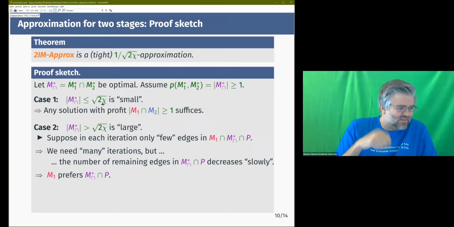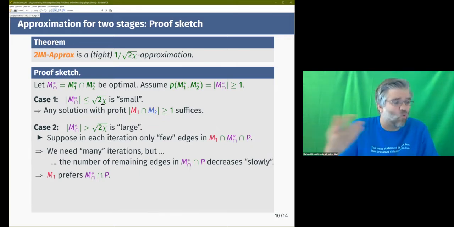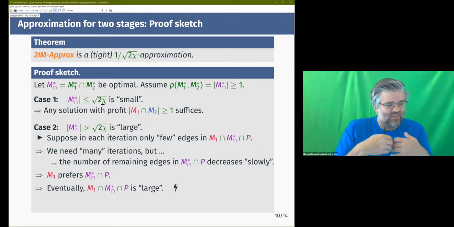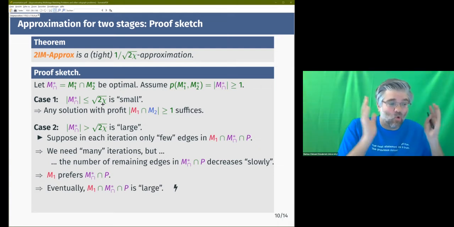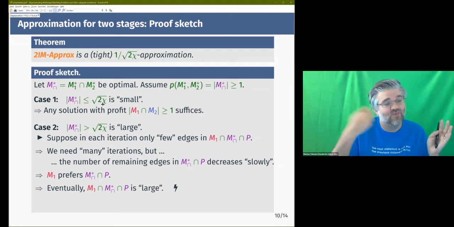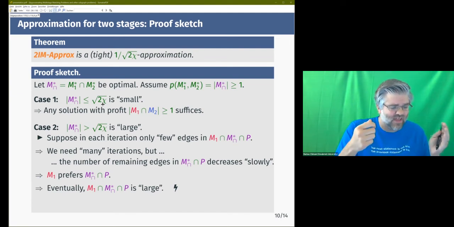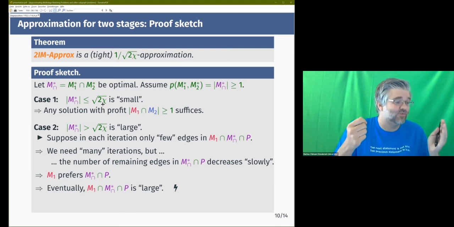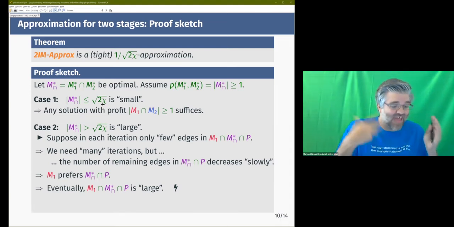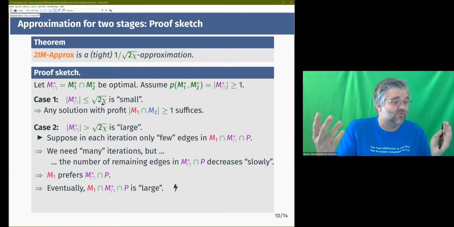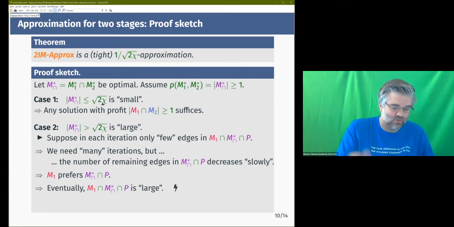But at the same time, the matching M1 in our algorithm prefers all these good edges. So if you combine that the matchings always have to be large, but only few of the good edges are selected, then you can deduce that at some point, all the preferred edges that were not so good have already been eaten away by our algorithm, and the algorithm has to pick a large solution close to the optimal.